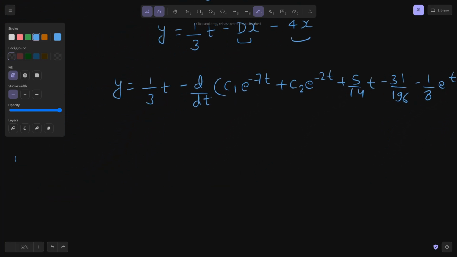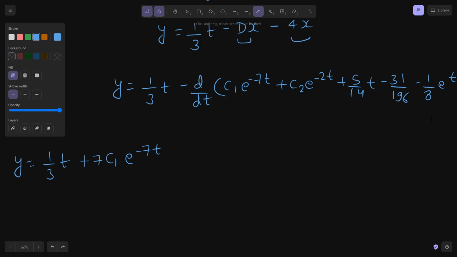So your y is 1 by 3t. Now if you differentiate c1 e power minus 7t, because you are differentiating, you'll have to multiply by an extra minus 7 by the chain rule, which will become plus 7 because one minus sign I will have here. So this will simply be 7 c1 e power minus 7t.